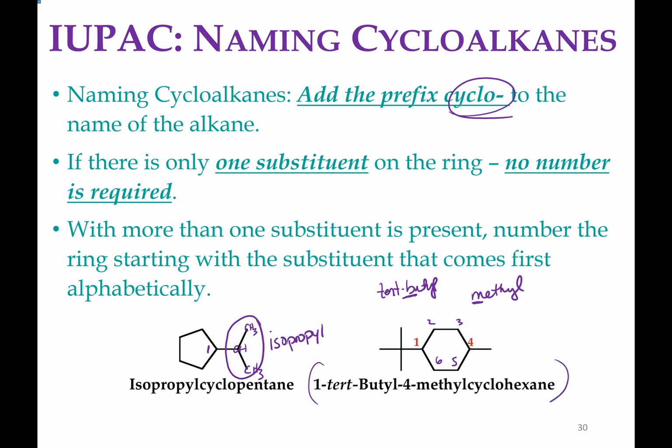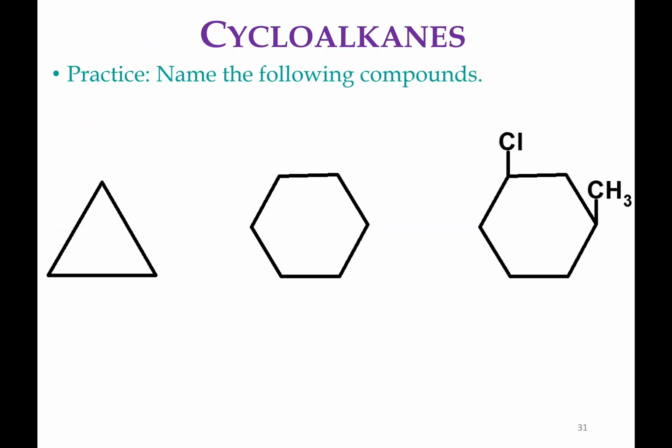Really long name. A lot of these are. There are basic rings. I want you to pause it and try it. These are probably the most basic ones we can give you. And then we'll start looking at what are called geometric isomers. So pause it and try to give the names a whirl.